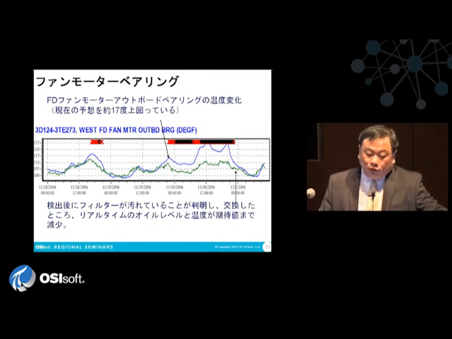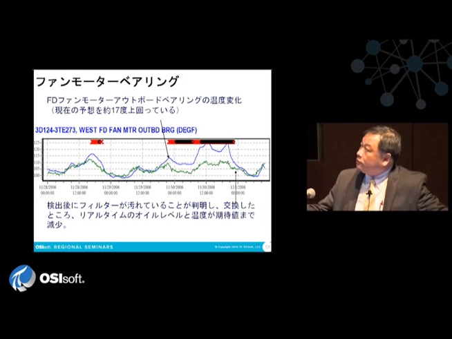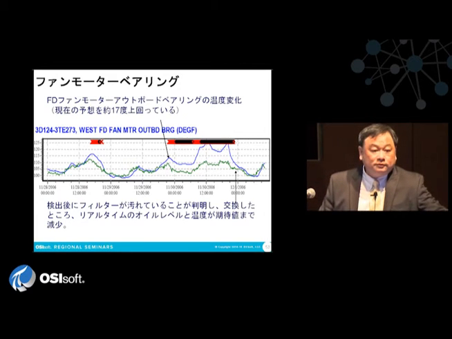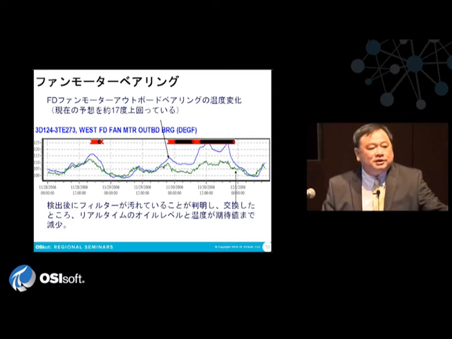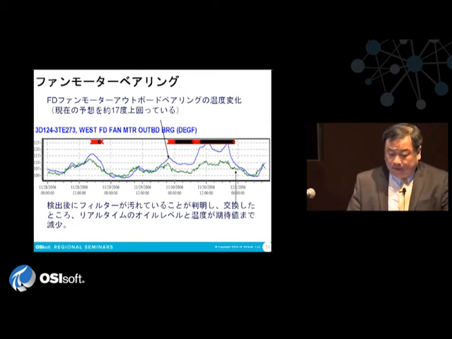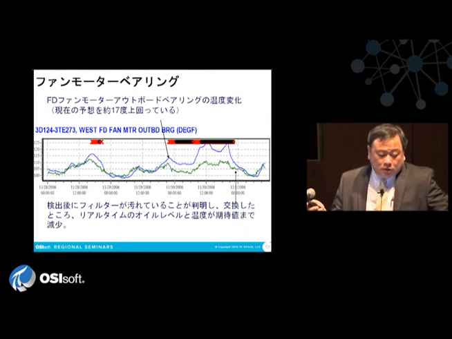After we replaced it, we see the green line and blue line going very close. So this is the use of a statistical process control method to do predictive maintenance.